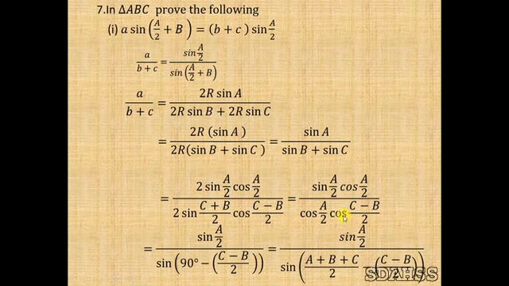So cos (C minus B)/2 we can write as sin (90 minus (C minus B)/2), which is equal to, you keep the numerator as it is, that is sin A/2 divided by sin, in the place of 90 degrees we can write (A plus B plus C)/2 minus (C minus B)/2.